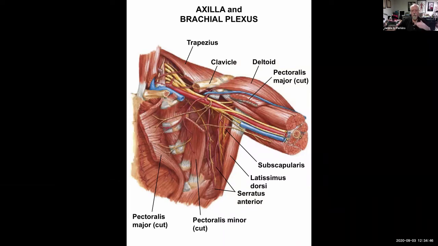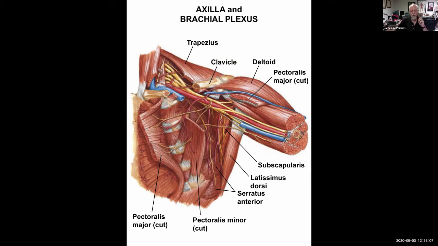The axilla also has a base or a floor. So again, using that pyramid analogy, imagine the base of the pyramid actually resting on the ground. The base of the pyramid would actually be the skin of your armpit. So the axilla extends down to the skin that forms the armpit between the arm and the chest wall.